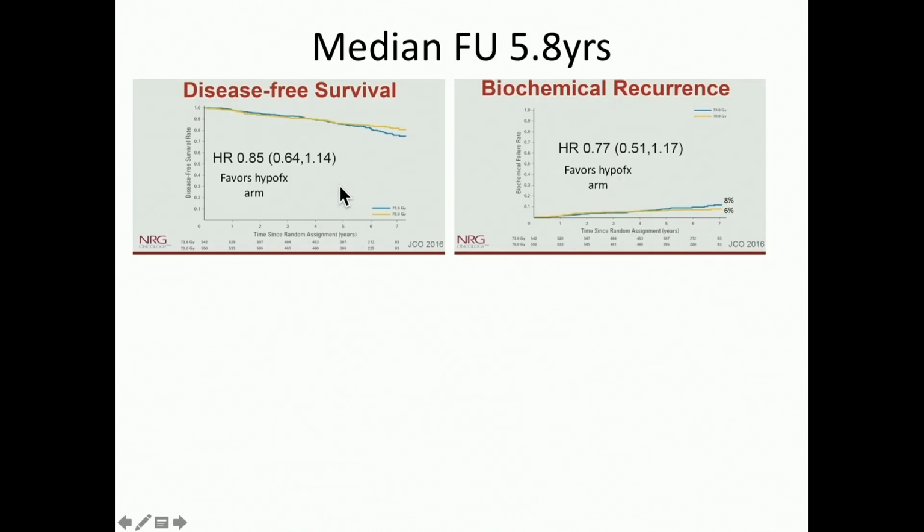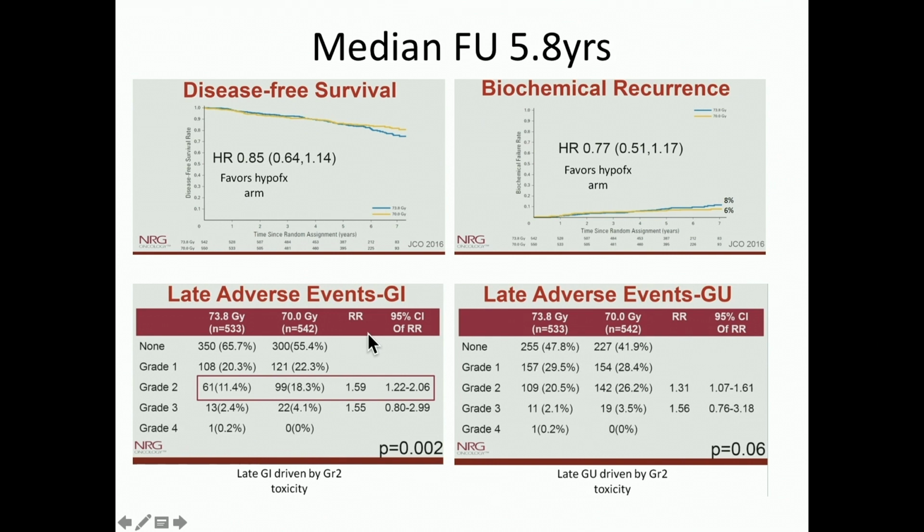With a median follow-up of 5.8 years, the 5-year disease-free survival and biochemical recurrence rates favored the hypofractionation arm. The late GU toxicity trended in favor of conventional over hypofractionation. The late GI toxicity was a little bit higher, but again, the devil's in the details. Most of that toxicity was driven by grade 2.